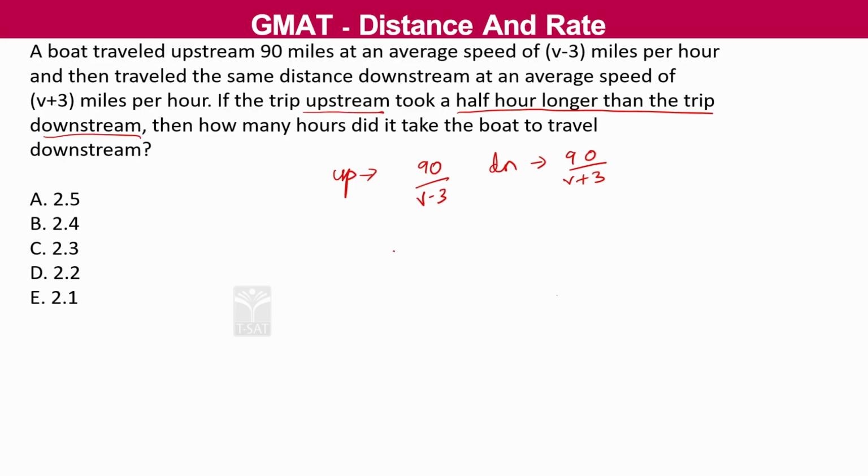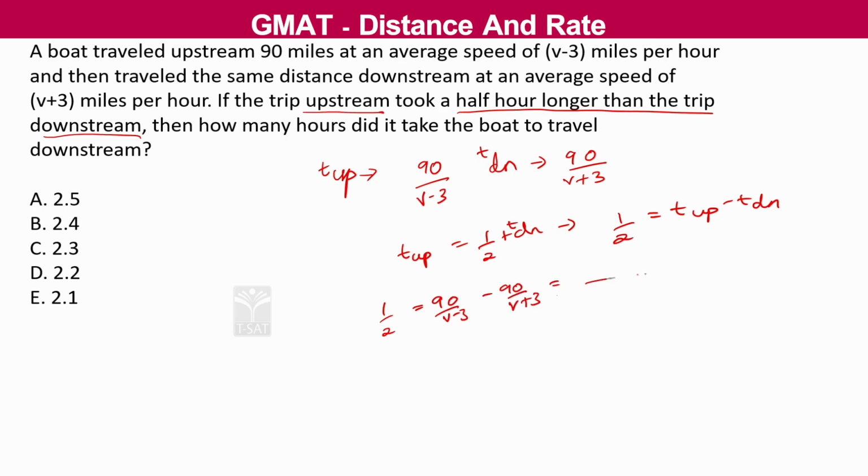Okay. So, the time taken for upstream is half an hour longer than the trip downstream, or you can say half equals time upstream minus time downstream, which means half equals 90 by v minus 3 minus 90 by v plus 3, which is equal to the expression over v minus 3 into v plus 3.